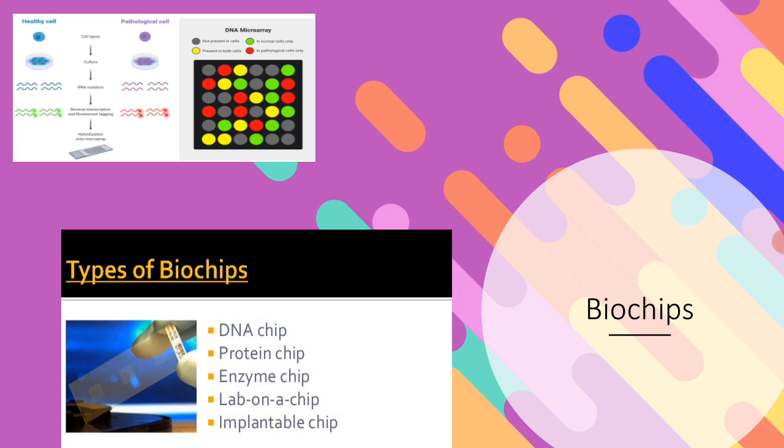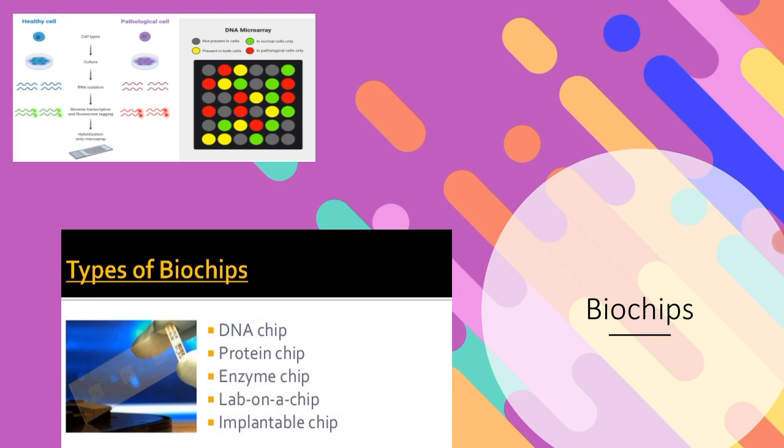So now if the red color is present, we can detect the presence of the pathological cells. If the pathological cell is present, the biochip will sense and detect its signals, right?